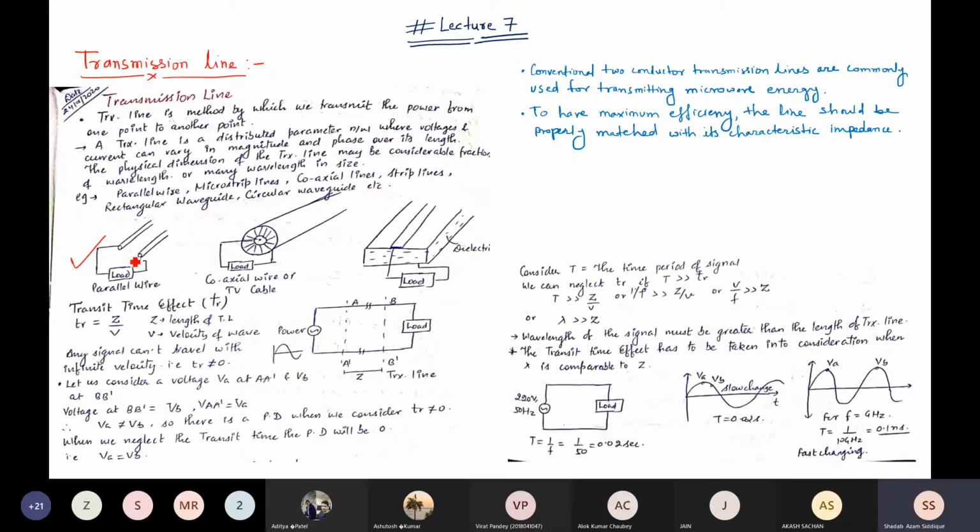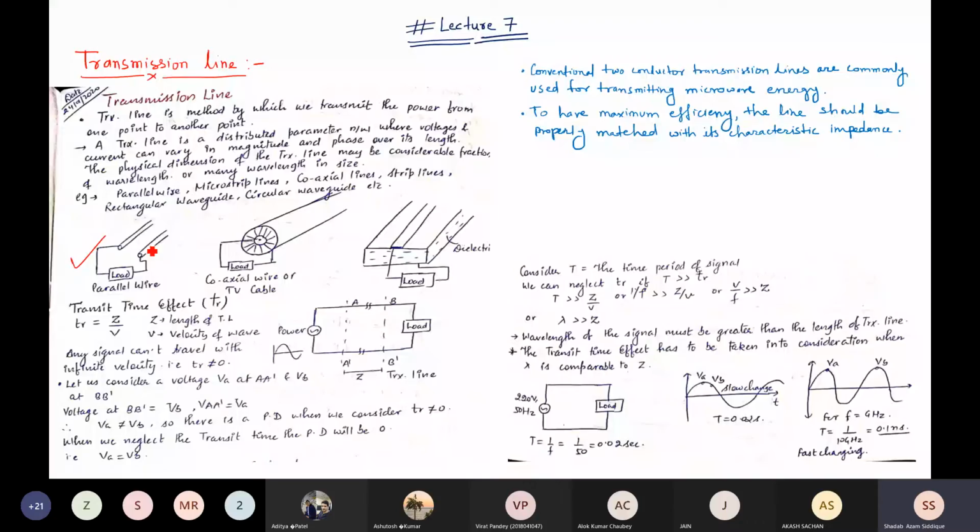For the analysis of the distributed parameter network, we'll take this parallel wire network. This is a simple, conventional transmission line for microwave frequencies, and it was used for antennas.